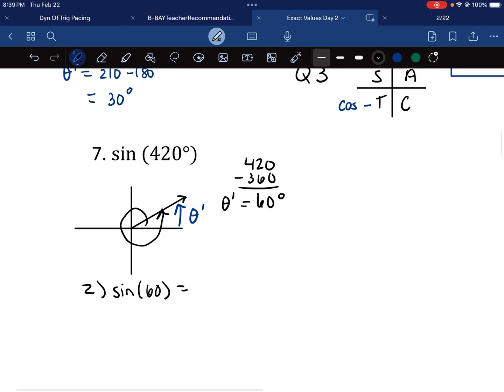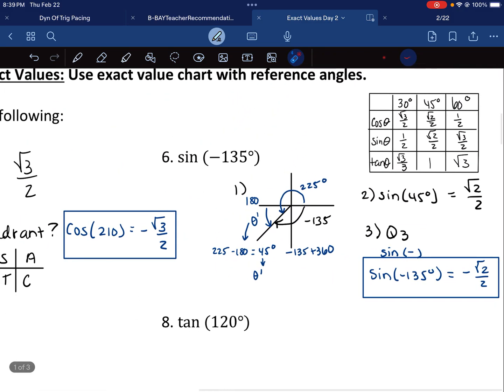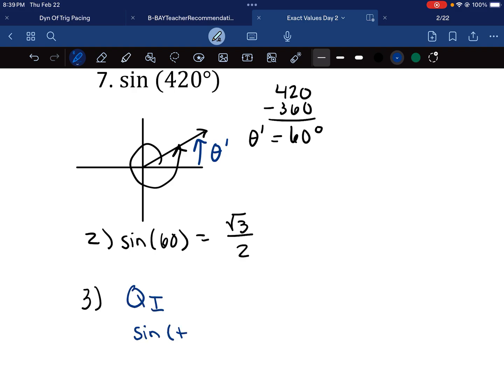We go to our chart. Our chart is saying sine 60 degrees is radical 3 over 2. My angle is in quadrant 1, and we know that sine is positive in quadrant 1. So sine of 420 is equal to radical 3 over 2.